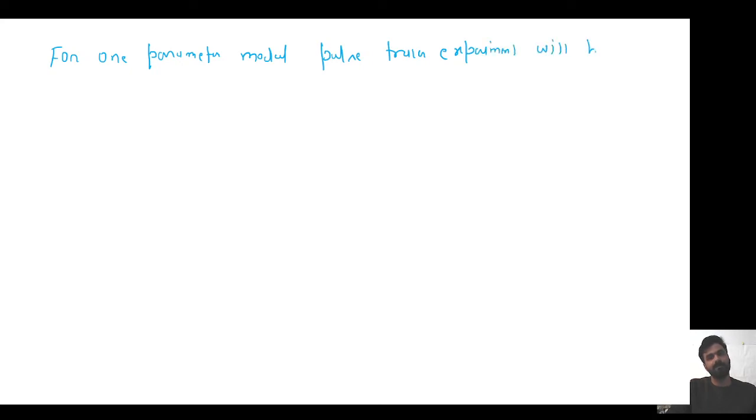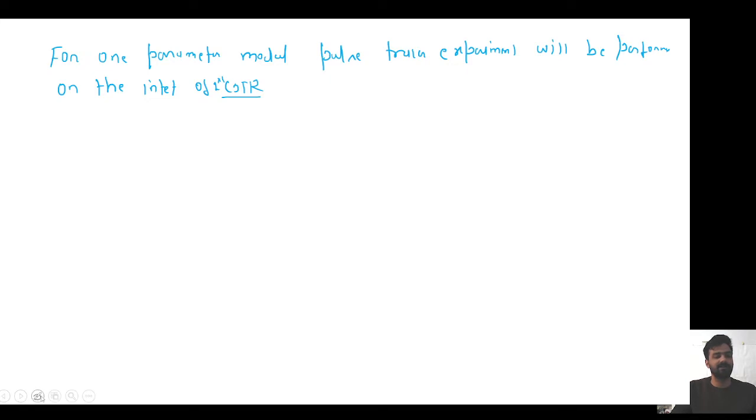Next, my dear students, for the one parameter model, a pulse tracer experiment will be performed on the inlet of the CSTR, that is, the first CSTR.